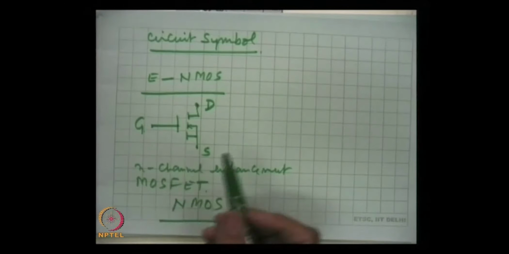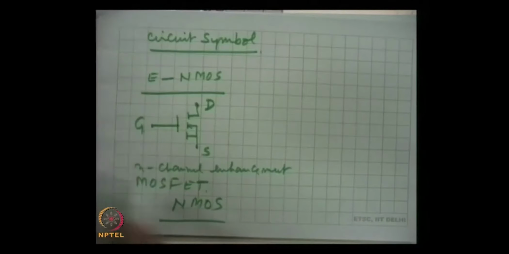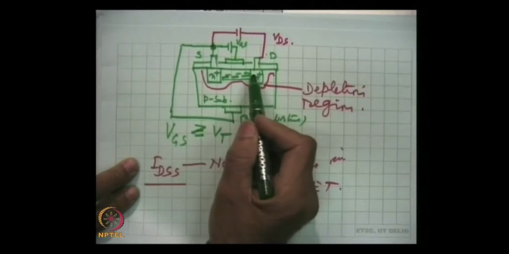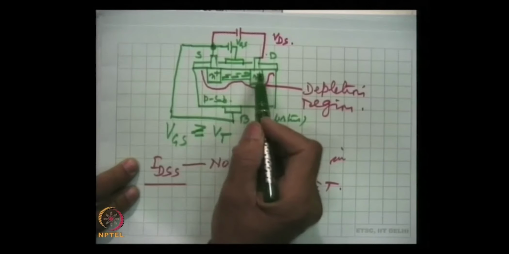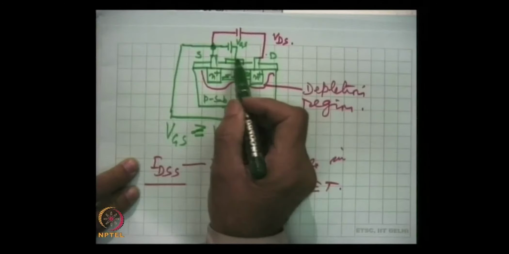For the p type, we will have to use an n substrate here, with heavily doped p regions, they will form source and drain, and an insulating layer, and then an electrode.